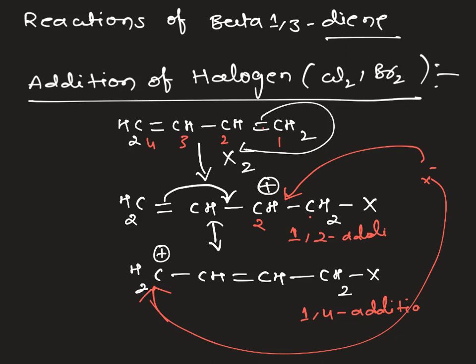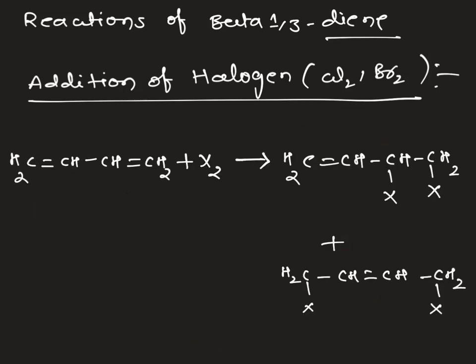Whenever we react dienes with halogens, there is always a possibility of two products, the 1,2 addition product and the 1,4 addition product. Which one is major and which one is minor depends upon the temperature effect and solvent effect. Here I am writing the reaction. If I react 1,3-butadiene with a halogen, first it can attack this double bond, giving the 1,2 addition product.